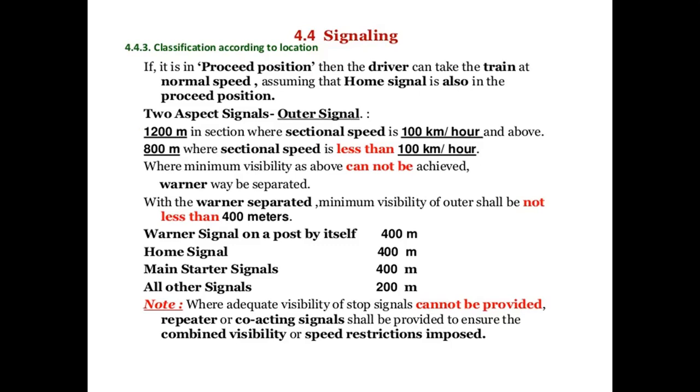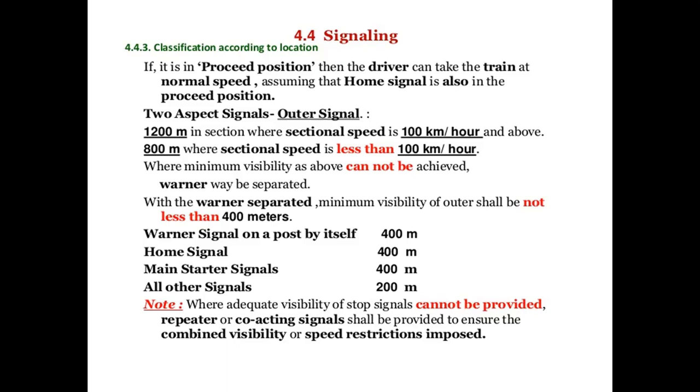Where the minimum visibility as above cannot be achieved, the warner may be separated. With the warner separated, the minimum visibility of the outer signal shall not be less than 400 meters. These are the locations where the signals are used.